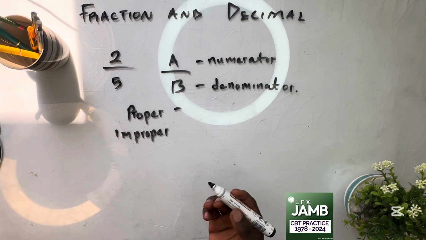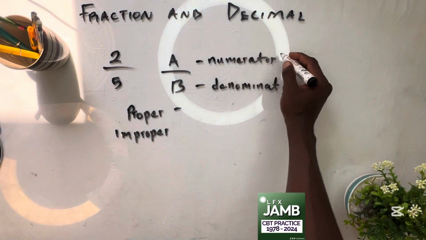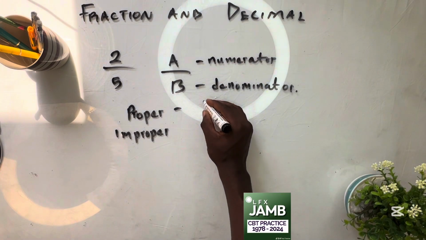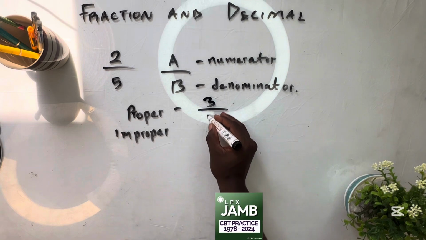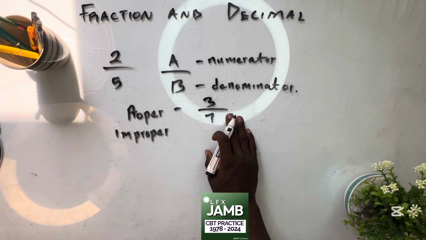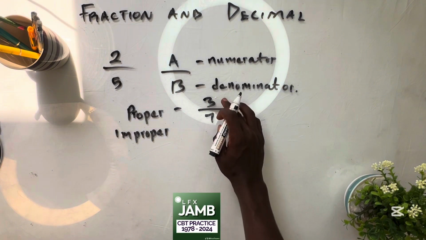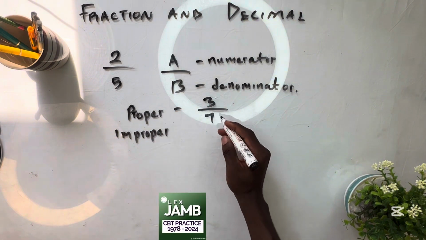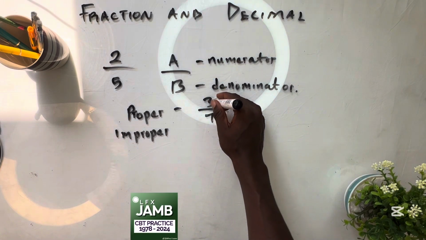So let's say, for example, we have the numerator as 3, and the denominator as probably 7. This is a proper fraction. Why? Because the denominator is greater than the numerator. It's proper in the right sense because the number below can actually carry the number above.